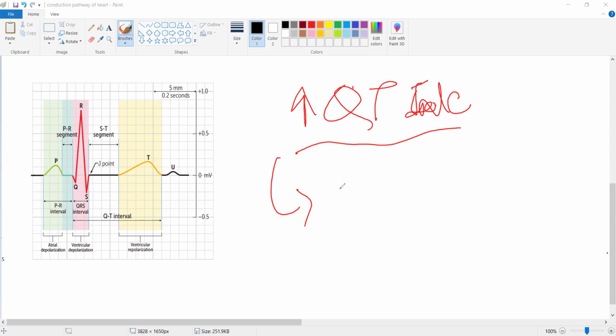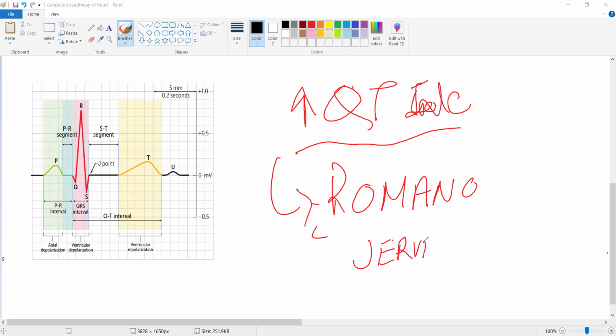In both of these syndromes, Romano-Ward and Jervell, which ion channel is mutated? Potassium. Absolutely right. So the potassium channels are mutated, right?